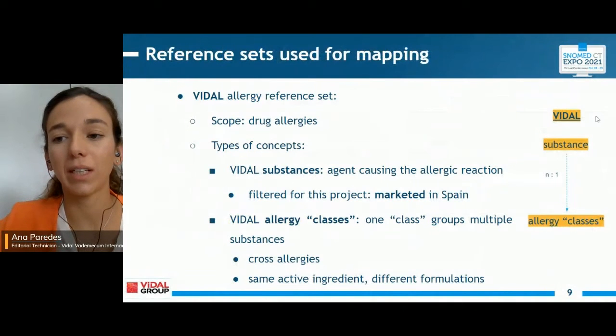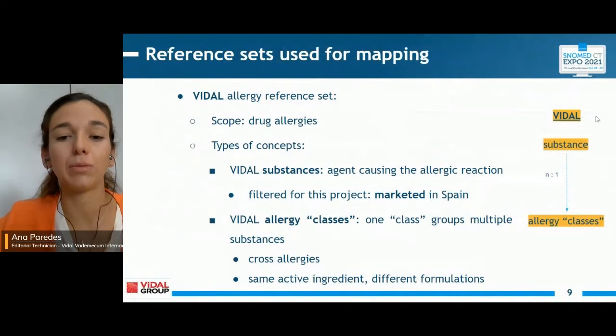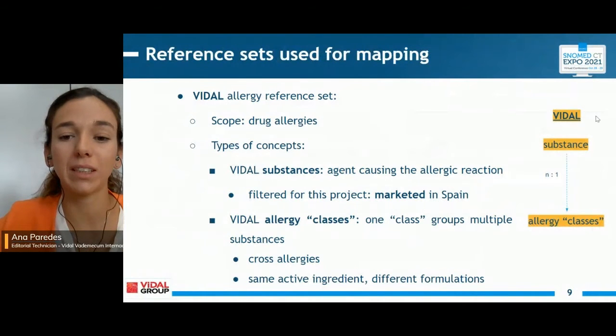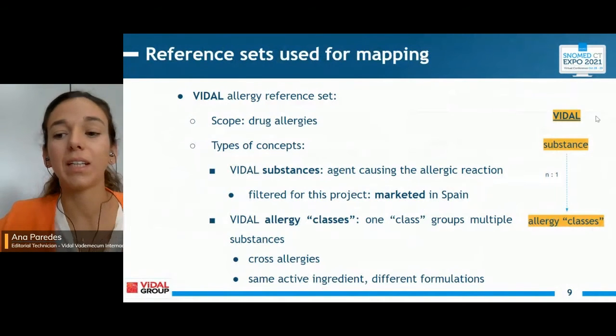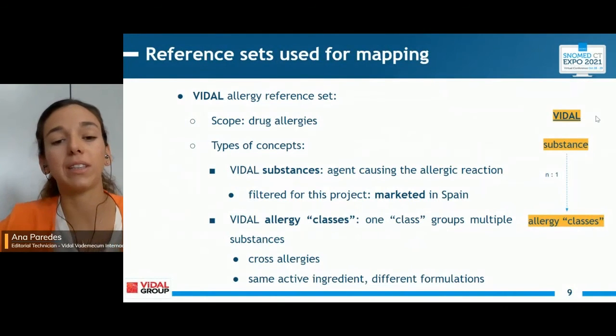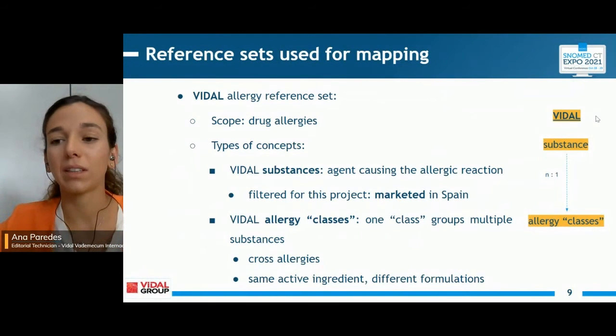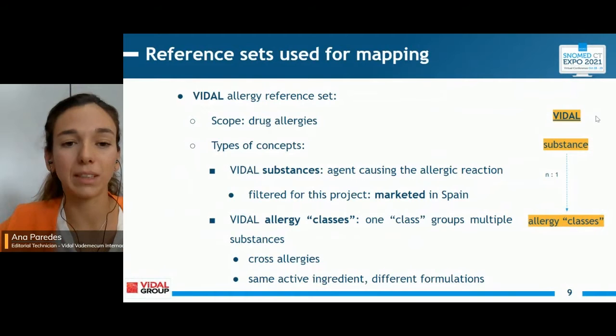First, Vidal substances, which refer to the specific agent causing the allergic reaction, and then what we call allergy classes, which are terms that group multiple substances.